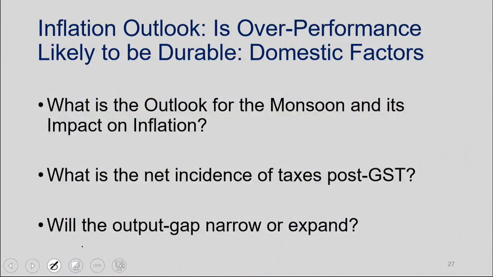Now, a technical point I want to make is that in all these models we use to project inflation going forward, we consider exchange rate, monsoon, etc. But in most of these models, inflation is determined by all these factors that I said, but also by something called the output gap. It sounds very fancy, but it's actually quite simple.